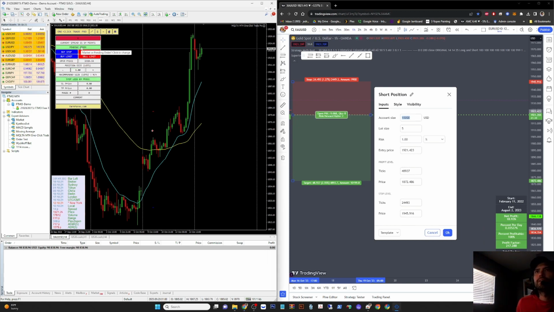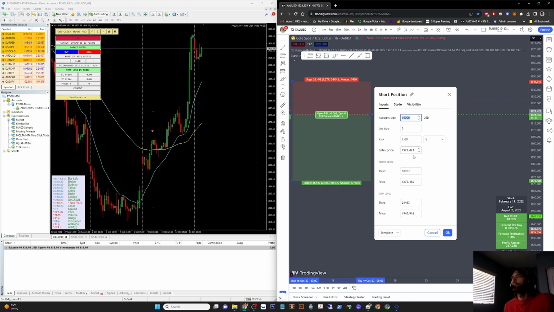Do a pending order, and then you can do a buy stop or buy limit, or sell stop, sell limit. So I'm just going to do a sell, and I'm going to take my profit, boom, profit, stop level, boom. Okay, recommended lot size 0.20.